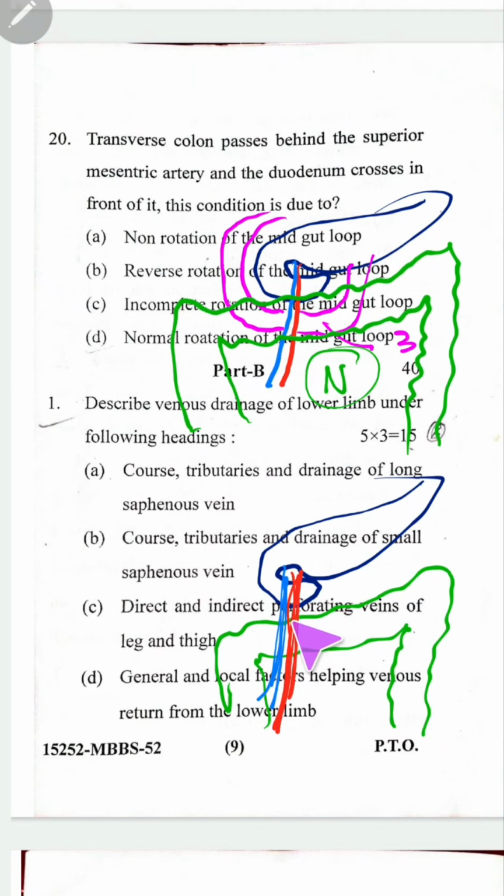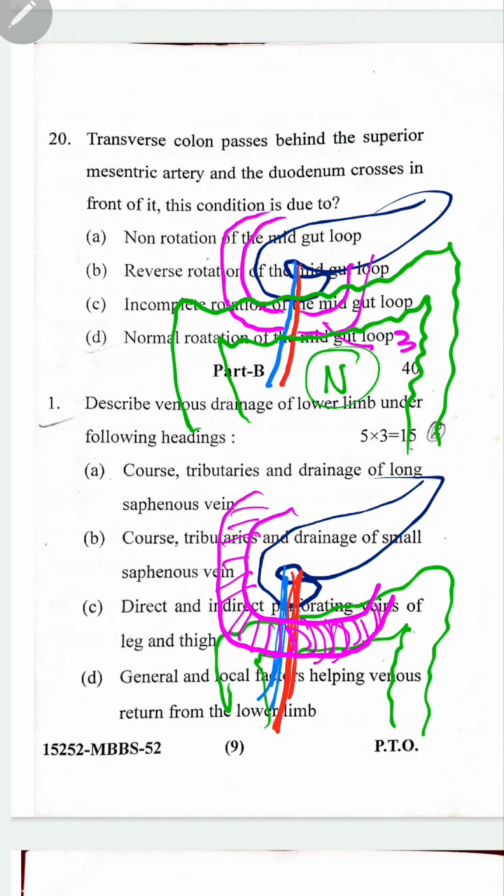So now what you're seeing is that these vessels are running anterior to the transverse colon, and the third part of the duodenum is now lying anterior to these vessels. It has become reversed. If you look at it this way, you will remember the image.